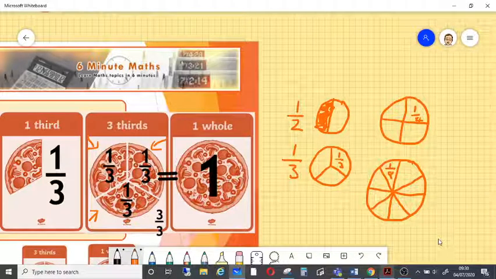Yeah, but it's still the same principle. That pizza there is saying it's split into 8, and if I've just only got one left, then I've just got one that was cut into 8. Yeah, 1/8.